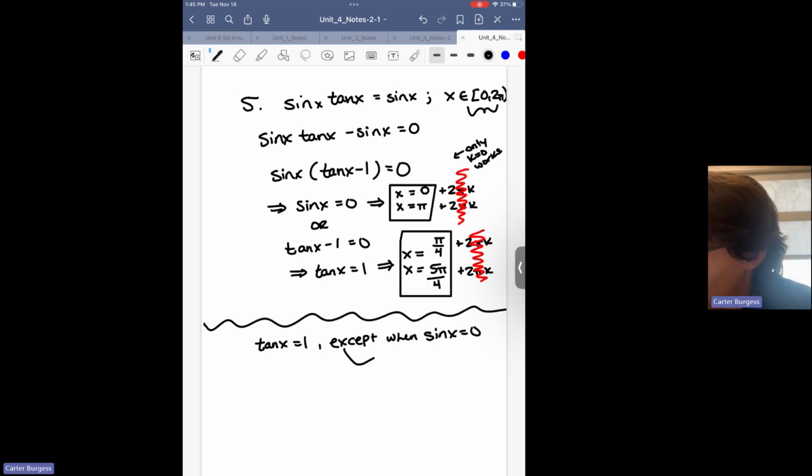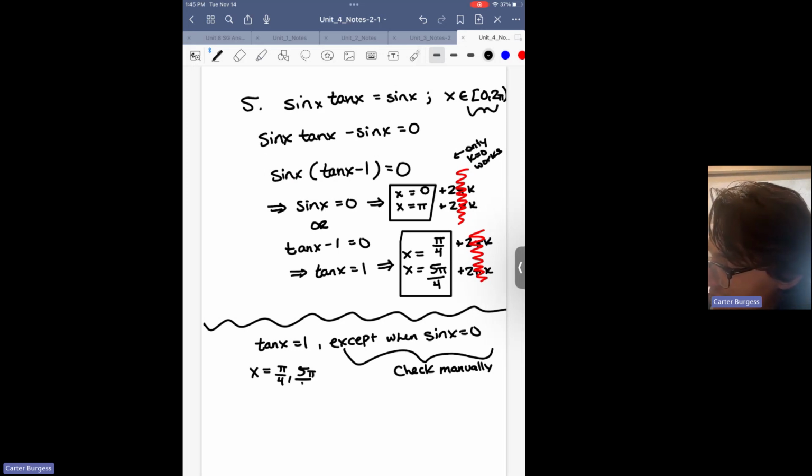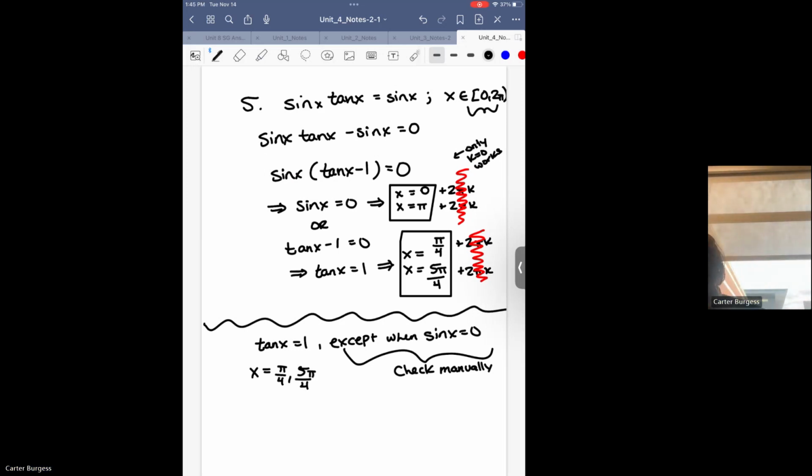So we are going to check this manually. We've already solved this. Tangent of x equals 1 gives us pi over 4 and 5 pi over 4 as solutions. I already determined that.